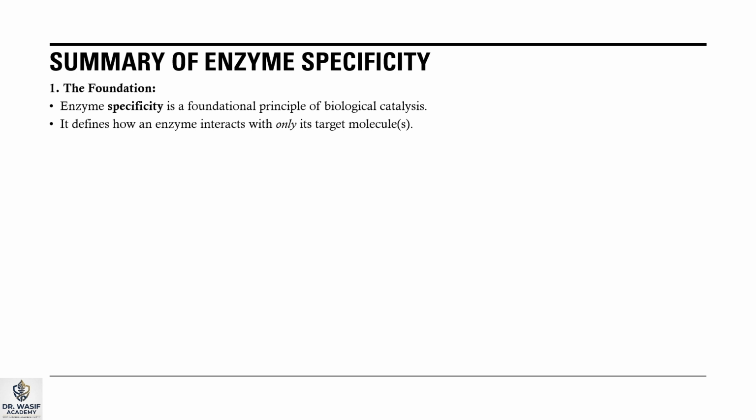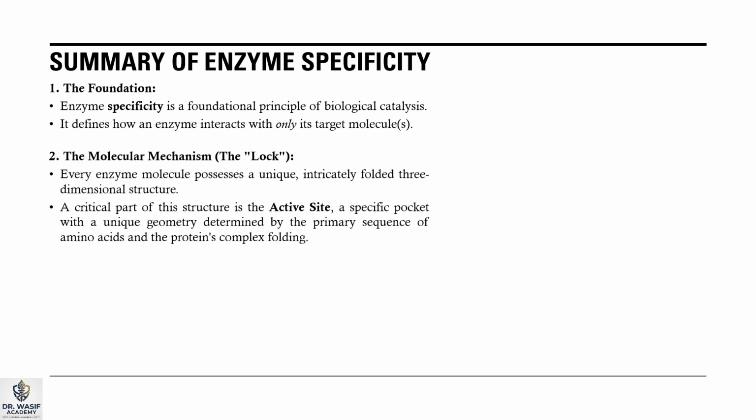It is the rule book that dictates how an enzyme chooses exactly which molecule to interact with and which ones to ignore. Remember, the enzyme is a masterpiece of protein folding. Because of its unique sequence of amino acids, it forms a specific 3D shape containing that vital pocket, the active site. The geometry of this site is fixed and very precise.